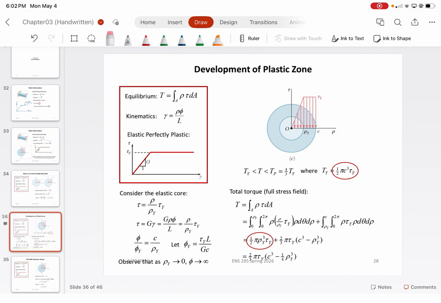All right, I'm going to actually swap those. So in the case of the development of the plastic zone, this is when our material begins to start yielding. Once it starts yielding, what we'll notice is as you apply more and more torque, the stress will increase linearly for some small region because, again, for some particular radius, our shear stress as a function of radius can still be below the maximum shear stress, right?